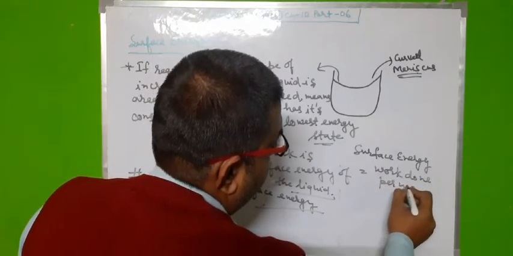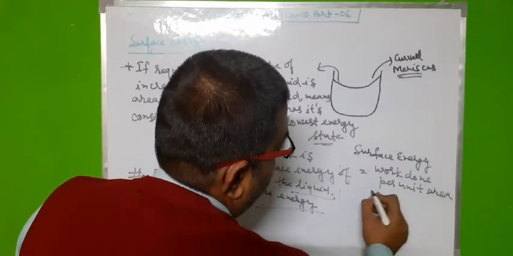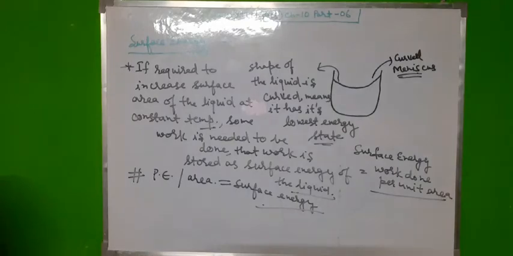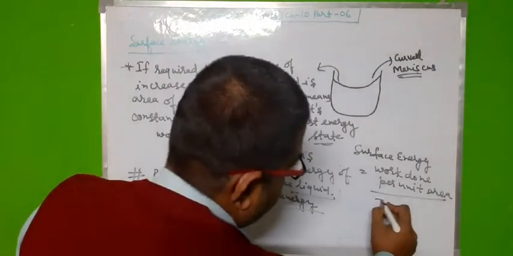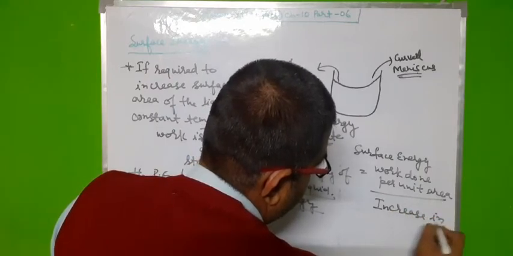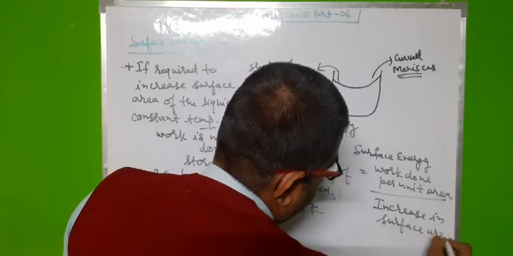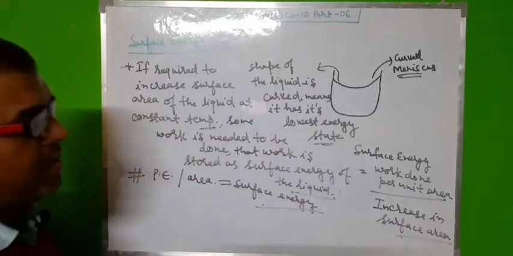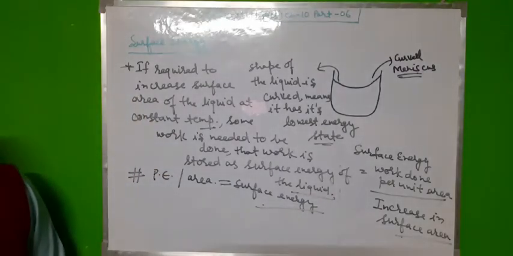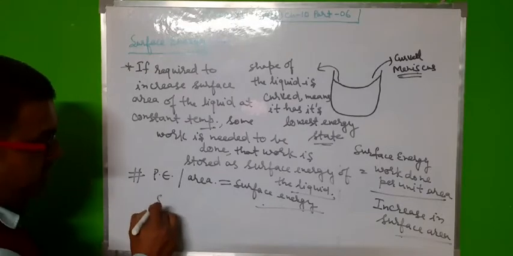Surface energy is the ratio of work done per unit area upon increase in surface area. And its SI unit is what?